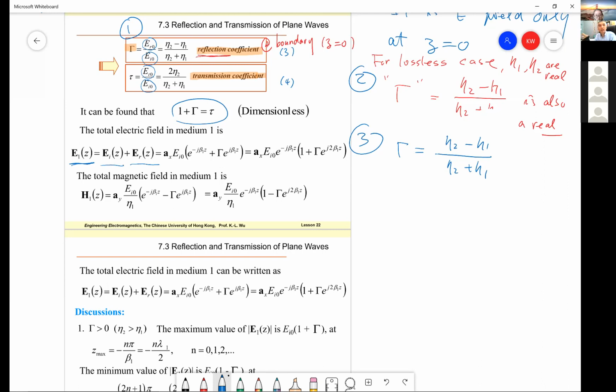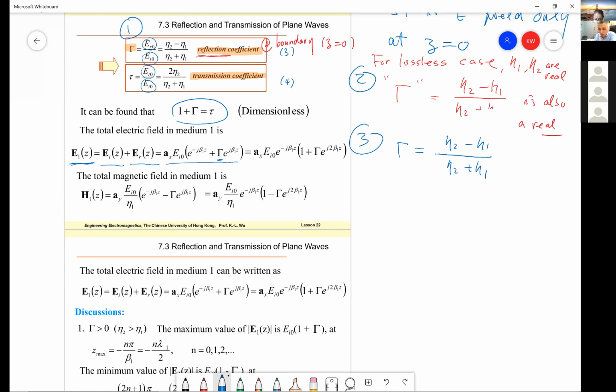The coefficient is also the field on the boundary. The reflection coefficient can be used to find the magnitude of the reflected wave, so we just substitute the reflection coefficient definition into this. This is very straightforward.